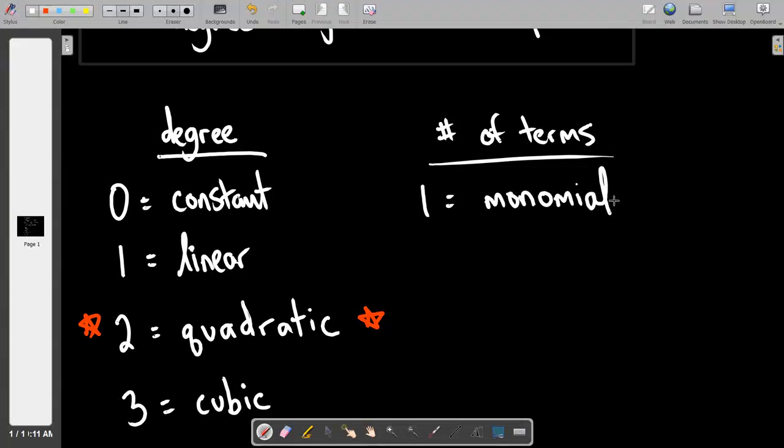Absolutely. I couldn't agree more. And if that makes sense, like Shariah said, because mono means one, then you probably already know what a two-term polynomial is called. Nope. Very good. It's a binomial.